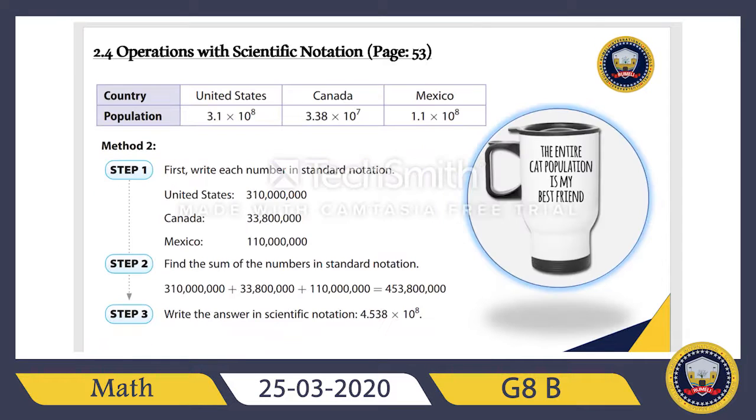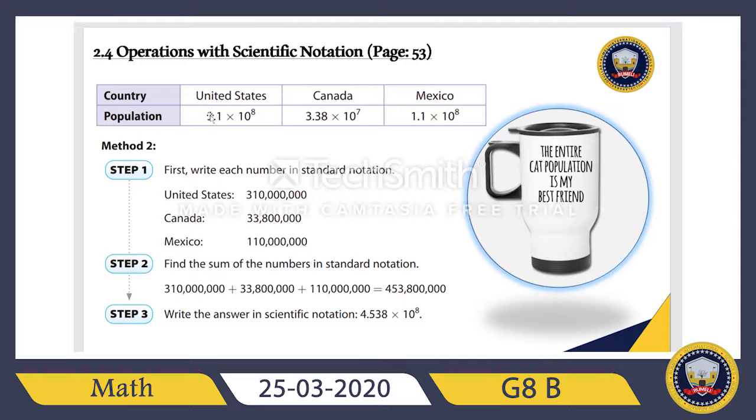Now the second method is to write all of these numbers in standard notation. So I'm going to convert every number here to standard notation, then do this simple operation, that is addition or subtraction or whatever.